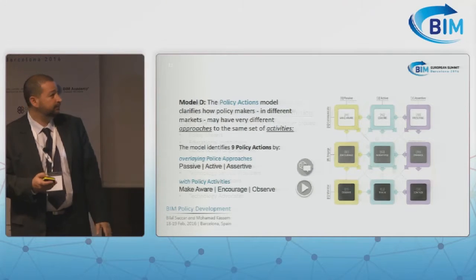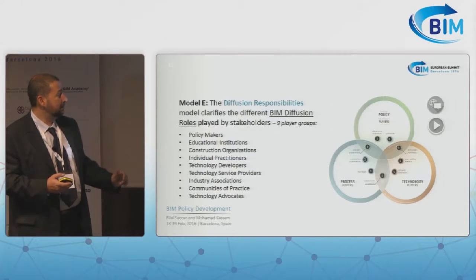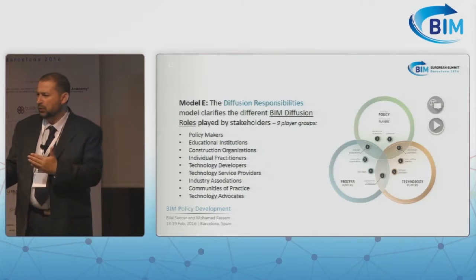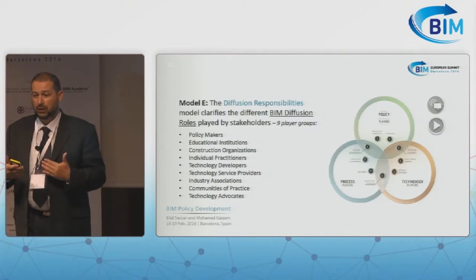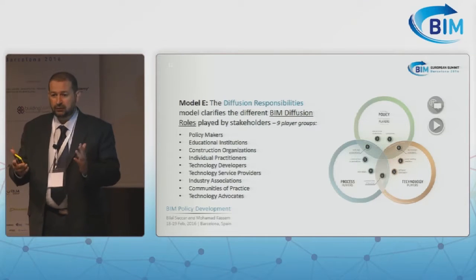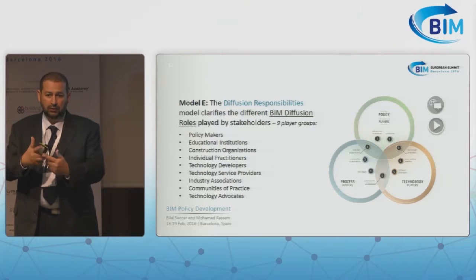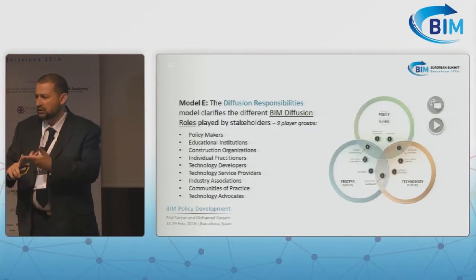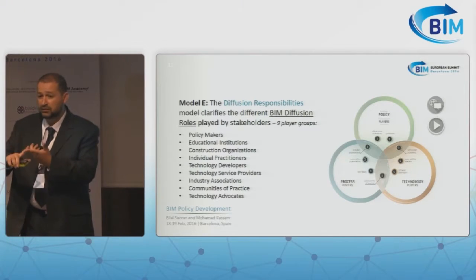And the last, but not least, model is really who is responsible for BIM diffusion, and who should we work with, and who should do what. We identified 9 players, if you want, which range from the individual to the educational sector, to the association, architects association or engineers association, to buildingSMART, like a technology advocate, or the communities of practice, user groups.